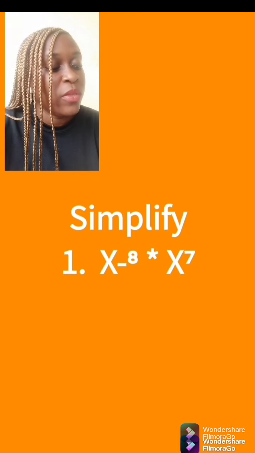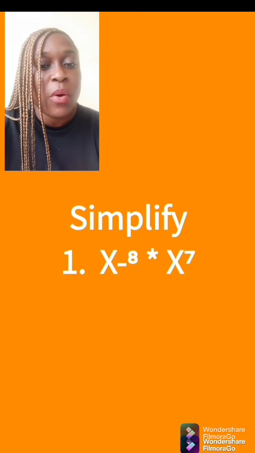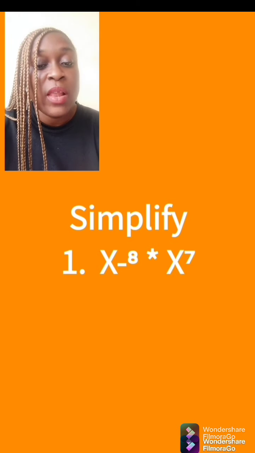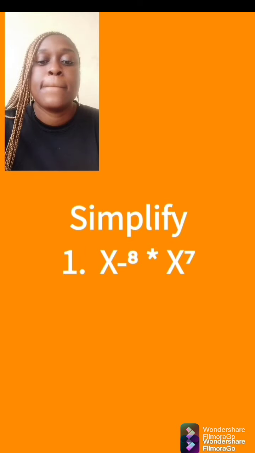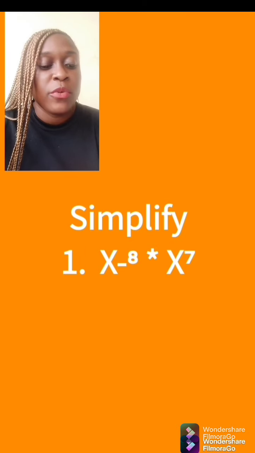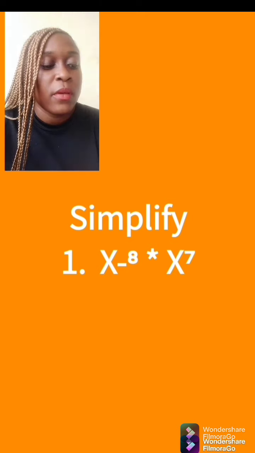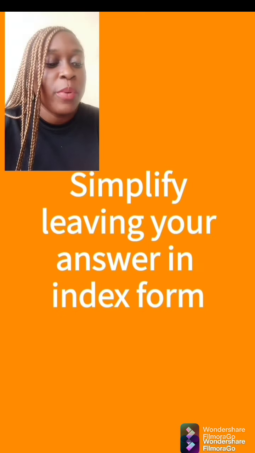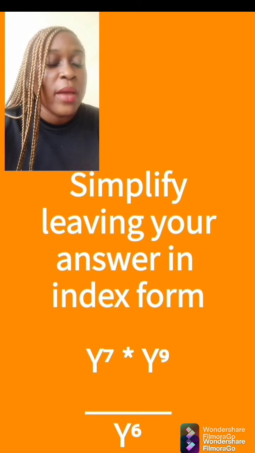What is the value when you simplify x raised to power minus 8 times x raised to power 7? And I'm also going to give you another exercise. Simplify, leaving your answer in index form, y raised to power 7 times y raised to power 9 all over y raised to power 6.